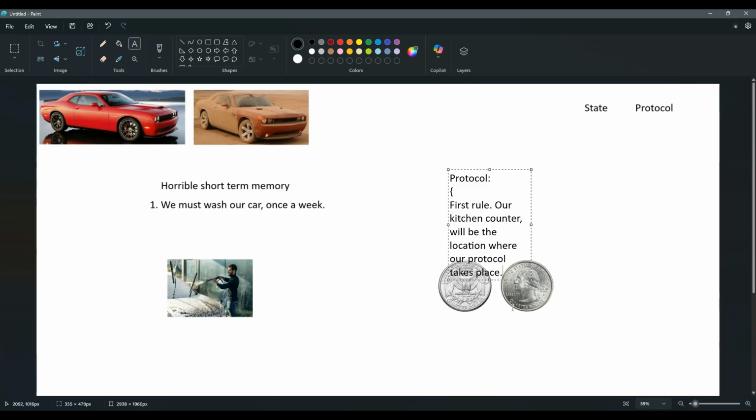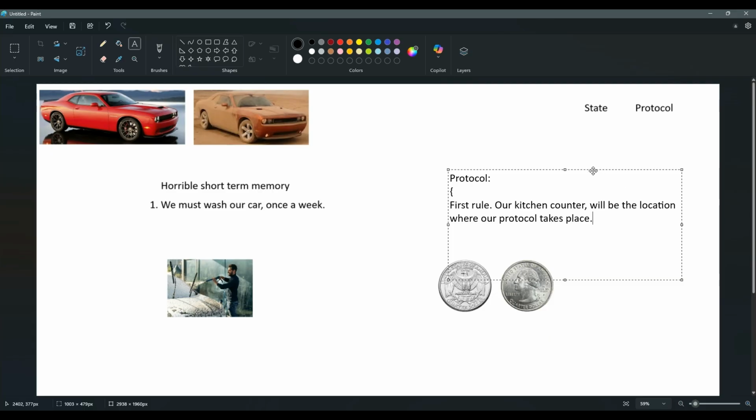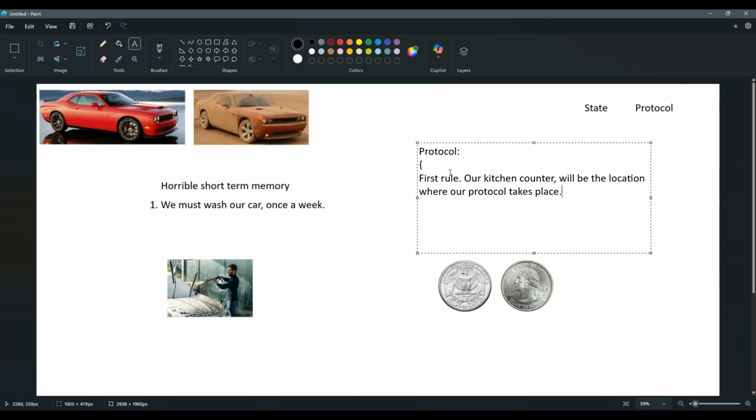So we live in an apartment. We have a little kitchen. In our kitchen, there's a spot on the kitchen counter, and that counter is where we will go when using this protocol. It's not going to apply in our bathroom. It's not going to apply outside. It will only apply when we're in our kitchen.